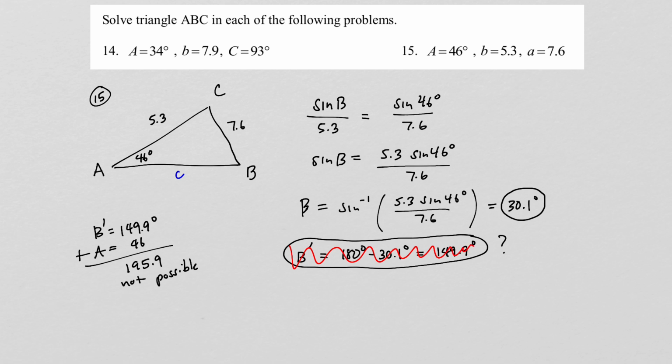So now we know that angle B must be 30.1 degrees. Now we just need to find angle C. Angle C is going to be 180 minus 30.1 minus 46 degrees. And if you do the math on that, we get 103.9 degrees.